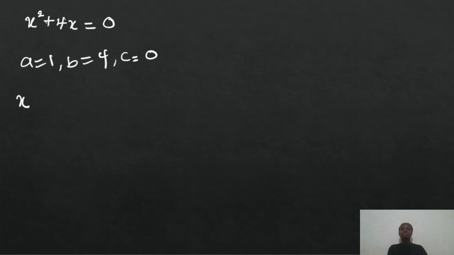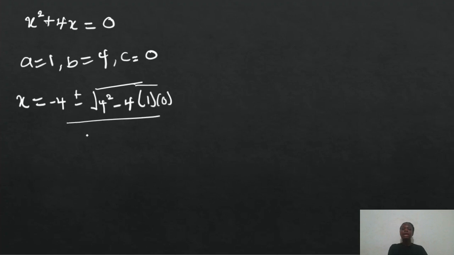So using the almighty formula, we are going to get negative 4 plus or minus the square root of 4 squared minus 4 times a, which is 1, times c, which is 0, all over 2a, but a is 1.